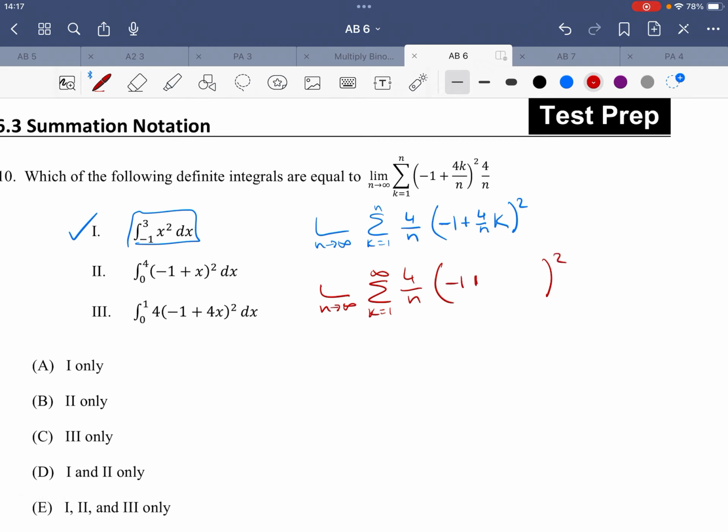So -1 plus, and this is our x here. This is our x. And in this case, in the x, what we have to plug in again is the a, that is 0, plus our jump, something like that. And that happens to give us the same as before. So this one works too.